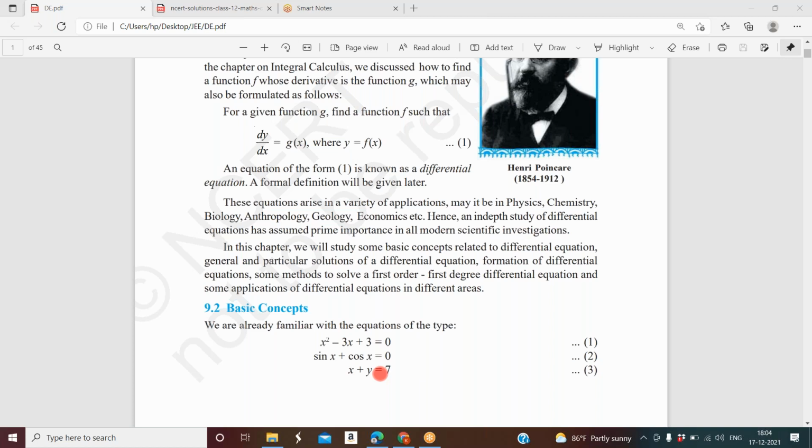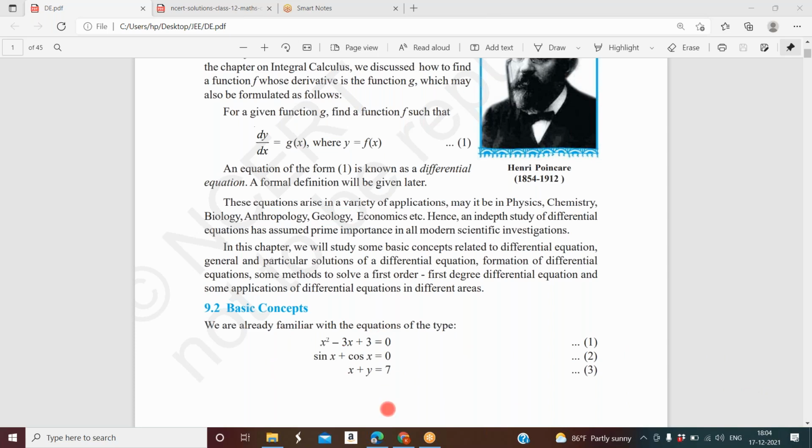Any real life problem you can represent mathematically, right? You can model real life problems as a differential equation.